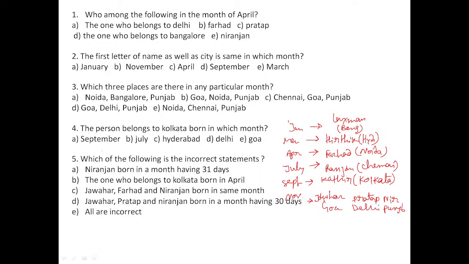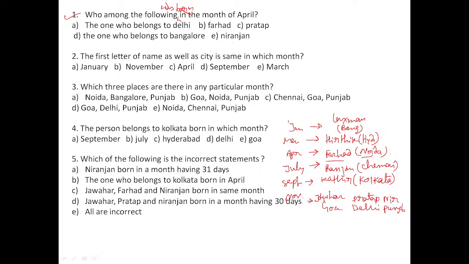Now see, here is the first question. Who among the following was born in the month of April? Here a word is missing. So in the month of April, this is Farhad from Noida.